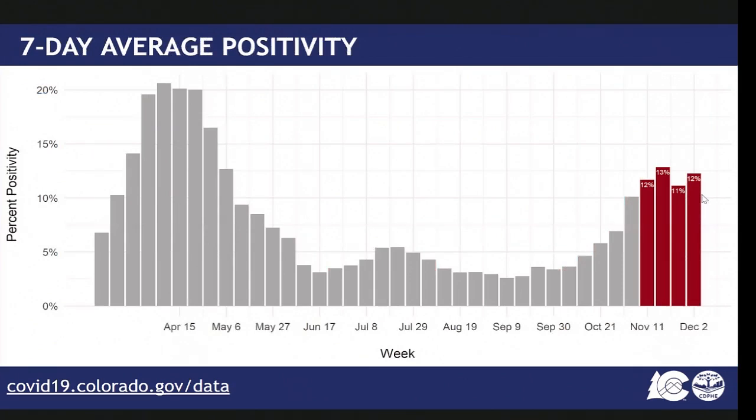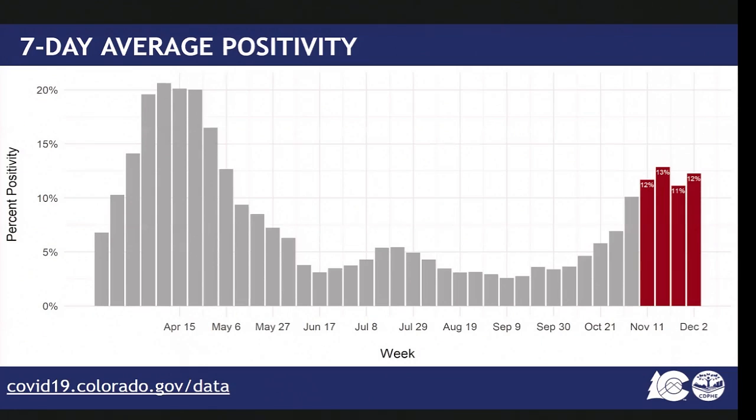Similarly, if you look at this figure, which is our percent positivity data, or the percentage of tests being done in the state that are coming back positive, you'll see that the numbers have been bouncing around a little bit from week to week for the last couple of weeks, but have continued to be in this 11 to 13% range of tests coming back positive, really for the last 4 weeks.